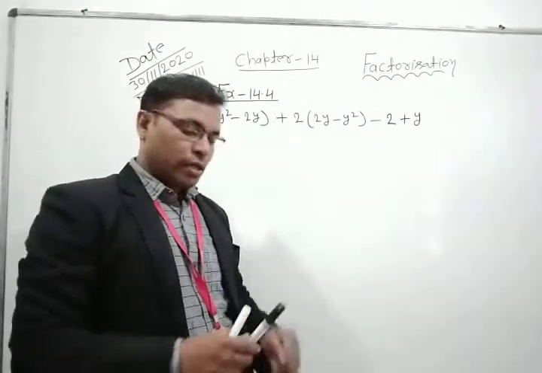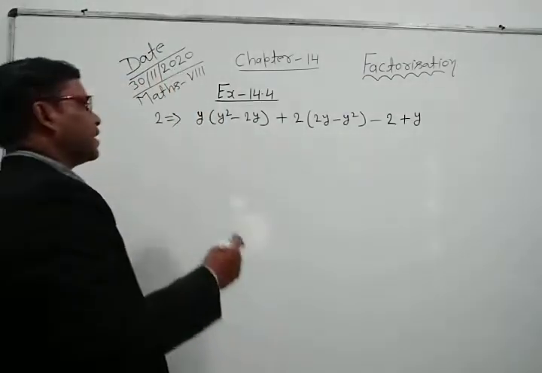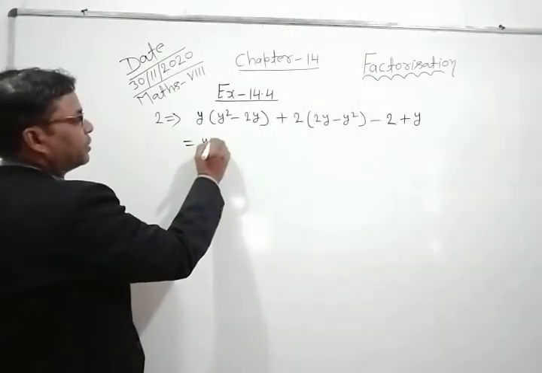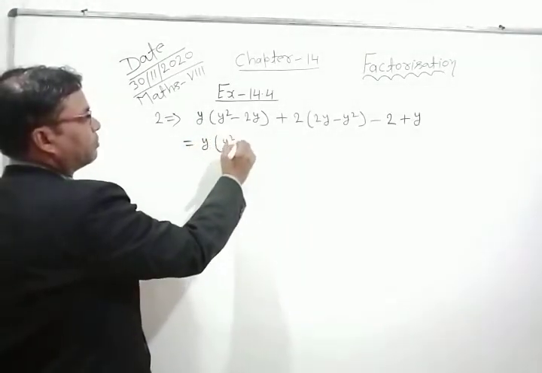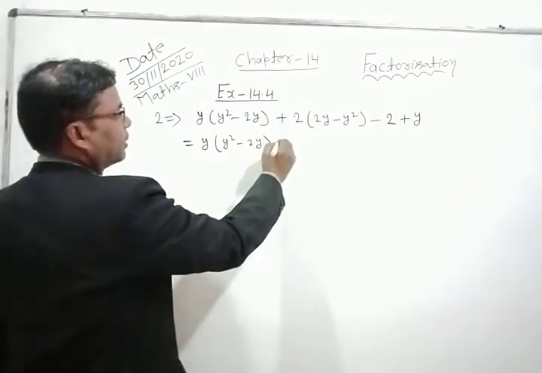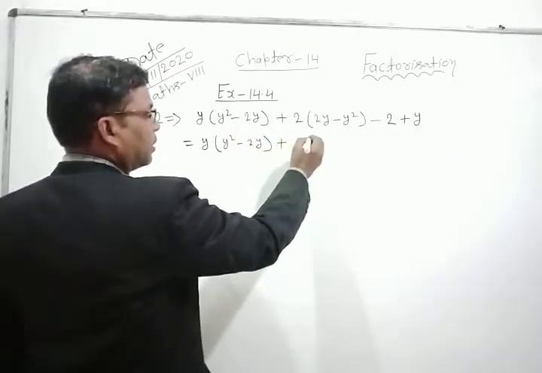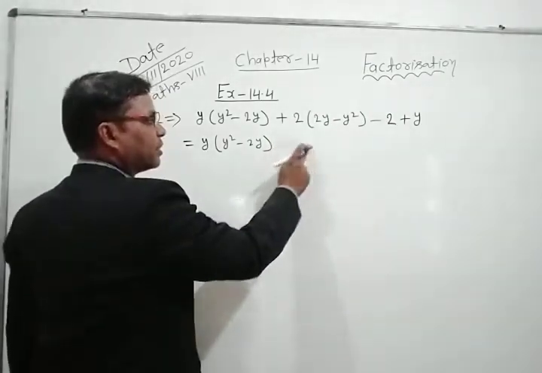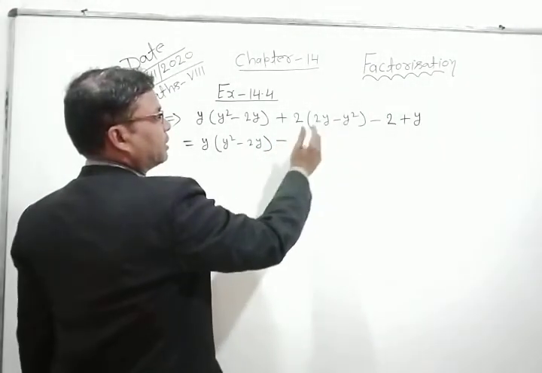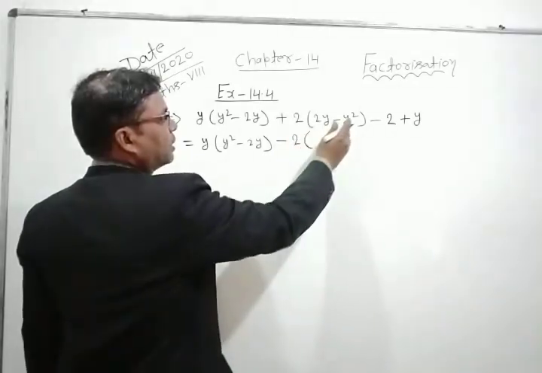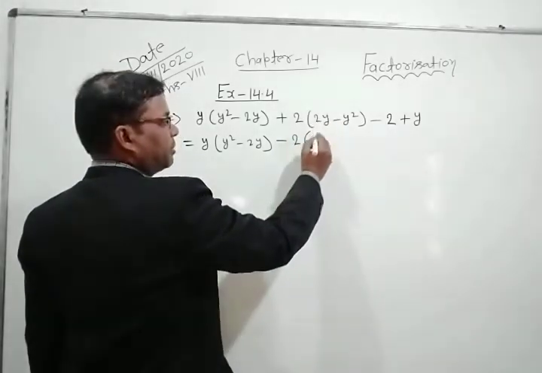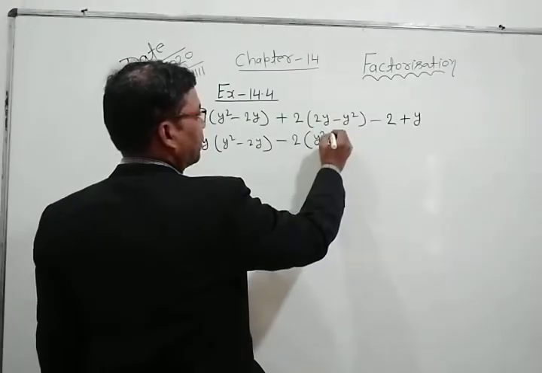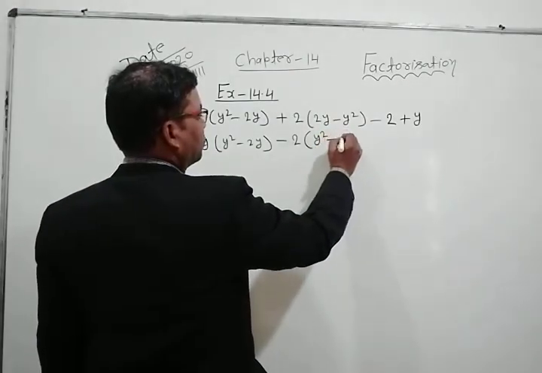So what do we do? First we arrange them, so you can write it like this. First write y into y square minus 2y plus, and we also write it like this: minus, take minus common here, so after taking minus common, this becomes y square minus 2y.